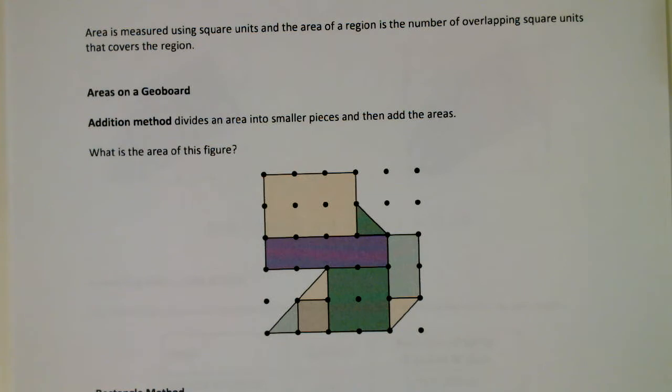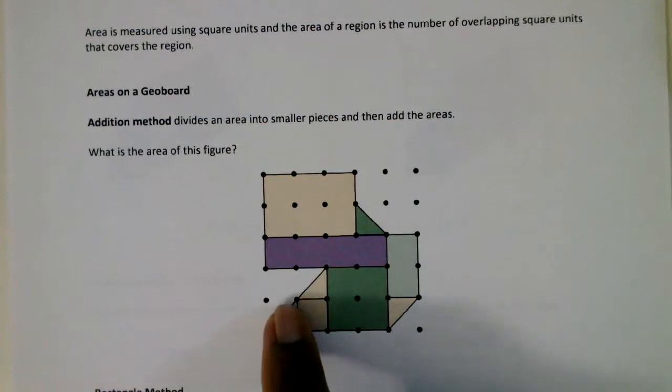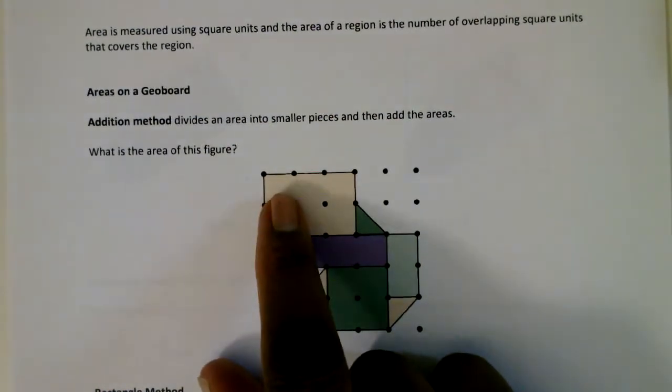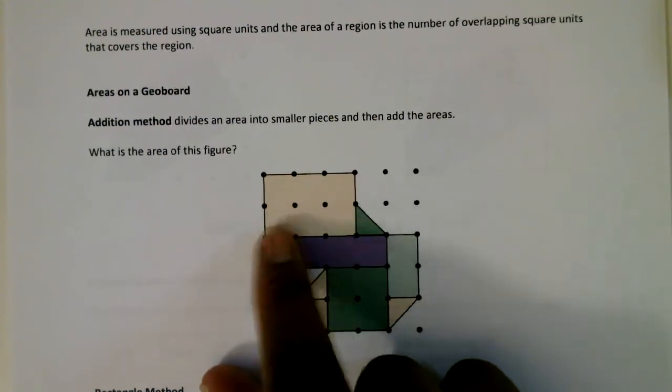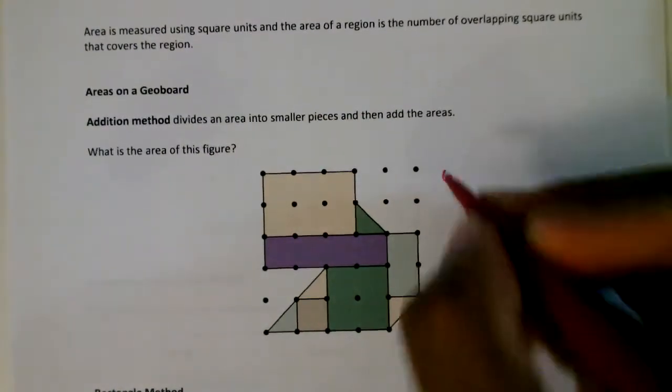So what that means here is we just count the number of squares. That's going to be 1, 2, 3, then 4, 5, 6 in this light brown square or rectangle.